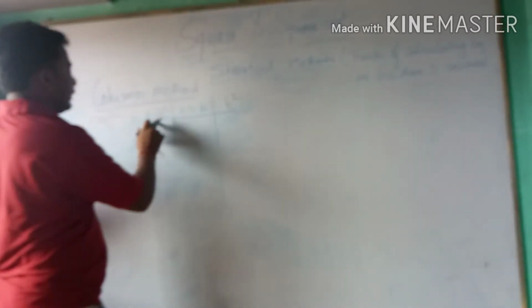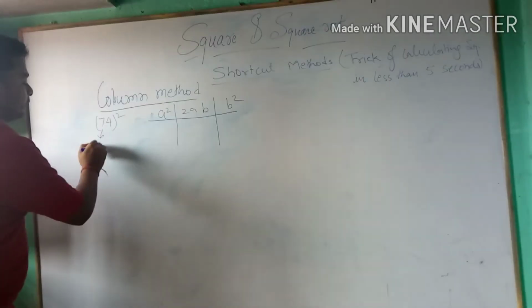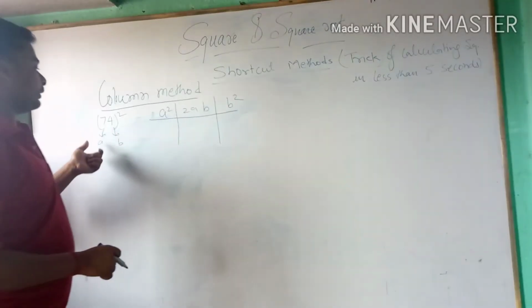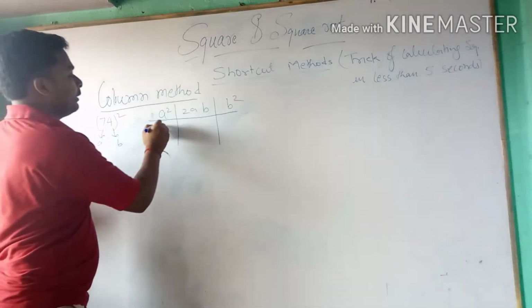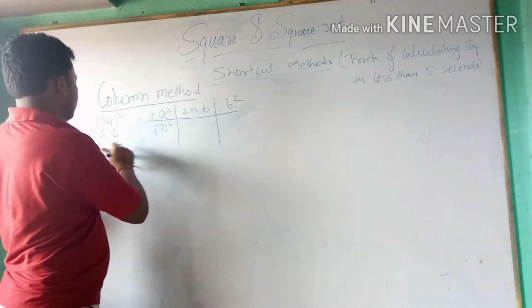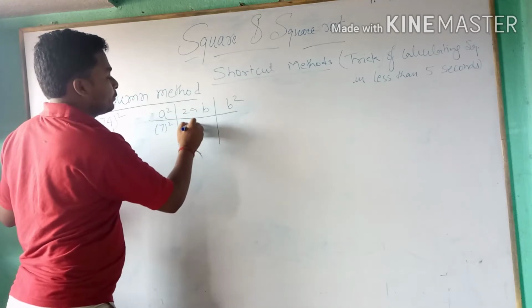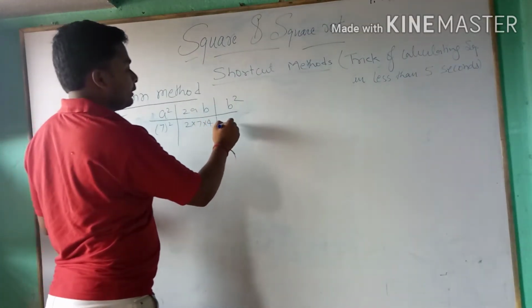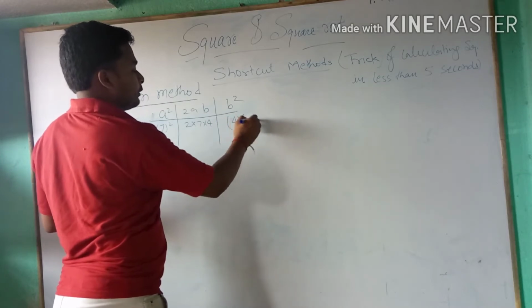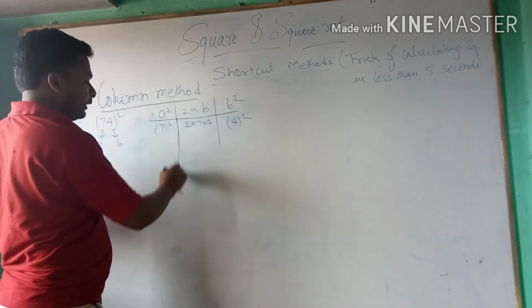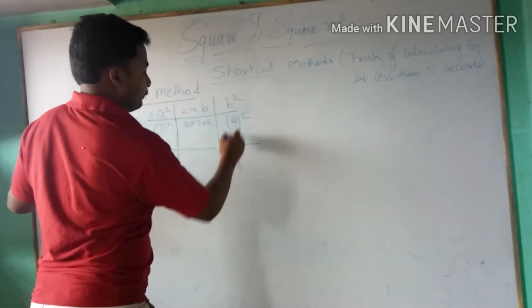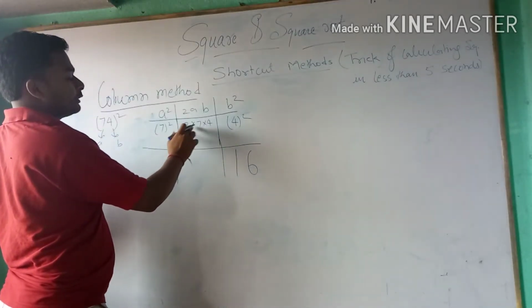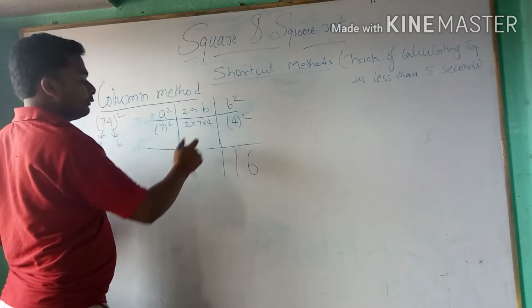Here a is 7 and b is 4. Now what is the value of a square? It can be written as 7 square, 2ab is 2 into 7 into 4, and the last one is 4 square. So 4 square is 16. 2 sevens are 14, 14 fours are 56.